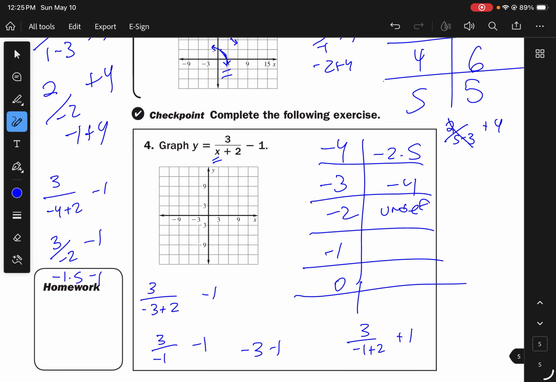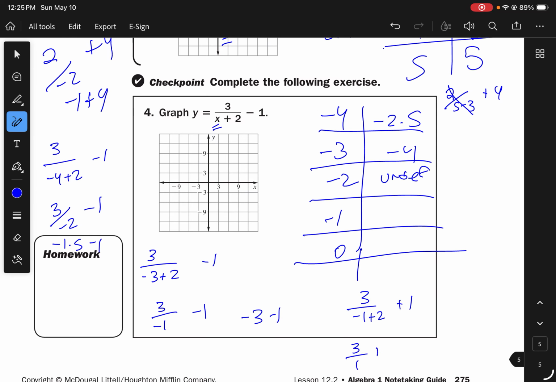We have 3 over 1 plus 1. 3 plus 1, we have 4. And 3 over 2, minus 1, 1.5 minus 1, we're at 0.5. All right, so at negative 4, I'm about at negative 2.5. Then at negative 3, I'm about at negative 4.